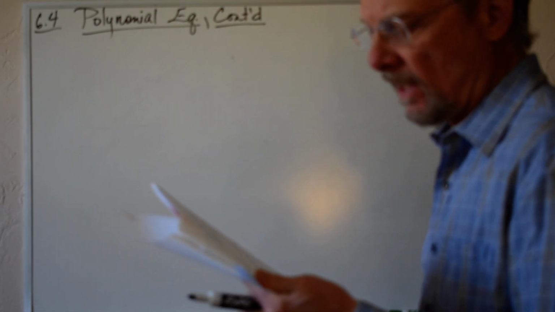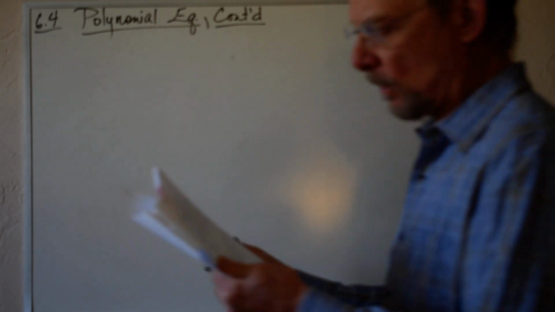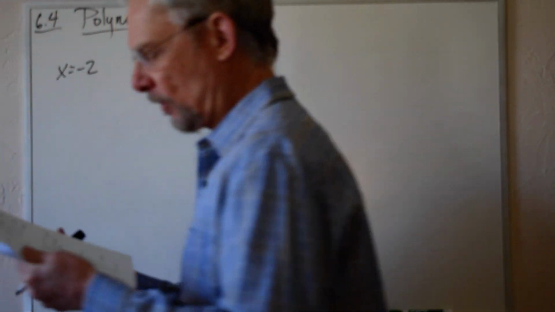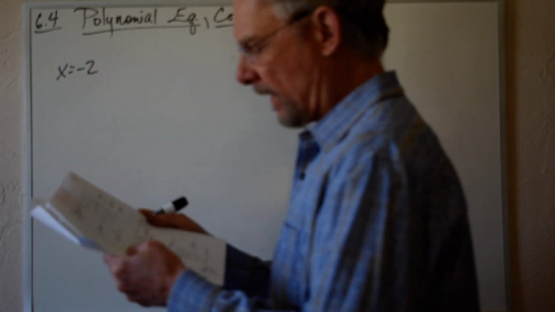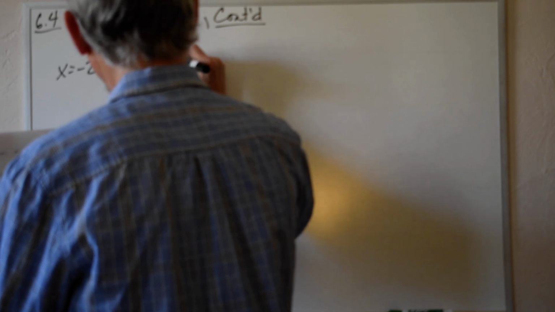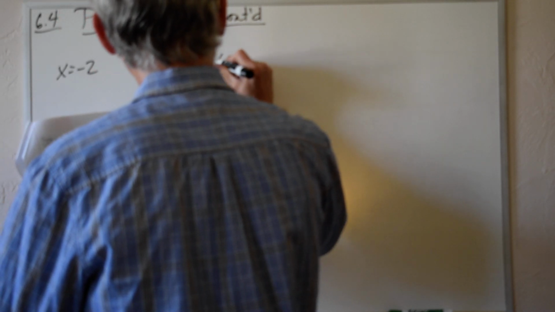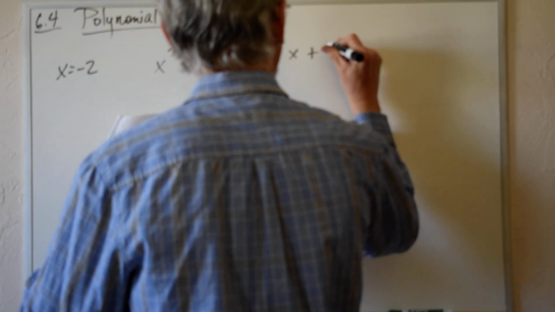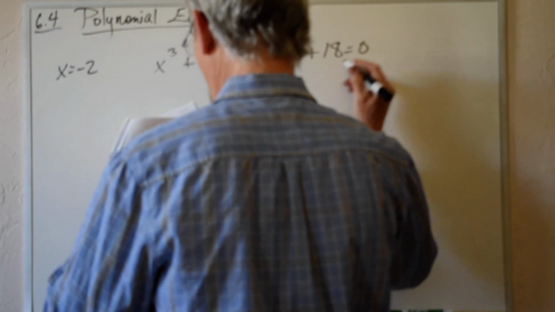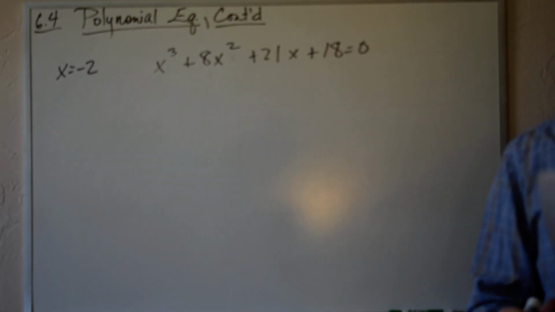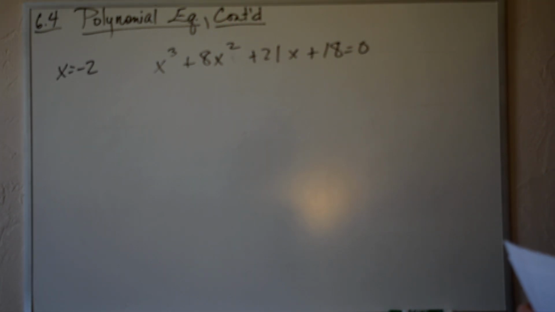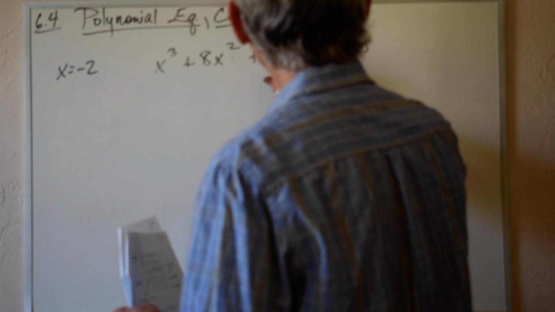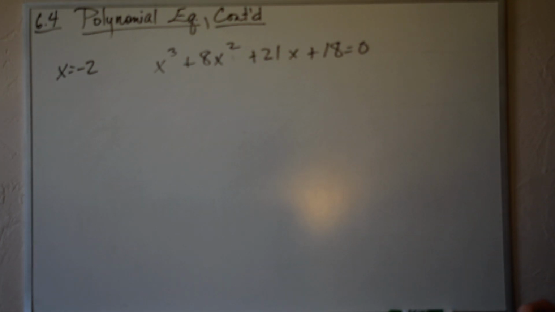And it says, if x equals minus 2 is a solution of x cubed plus 8x squared plus 21x plus 18 equals 0, find the remaining solutions. Ooh, so it's already got an additional twist on it that the last problem didn't have.